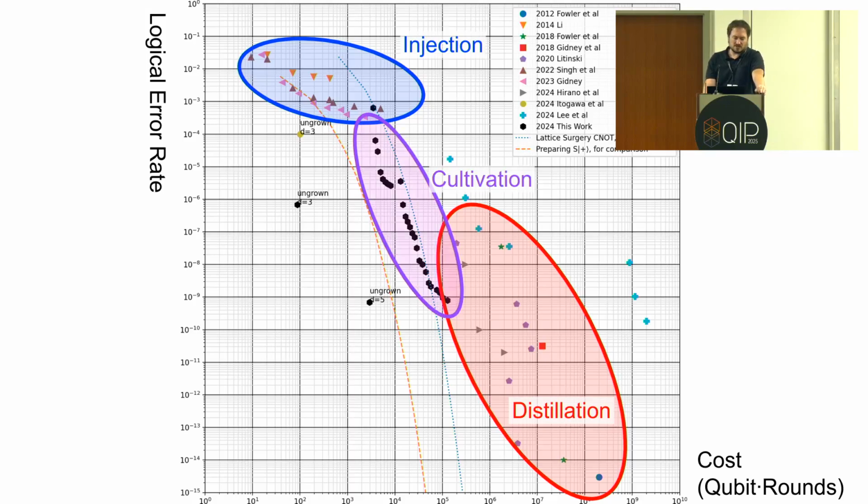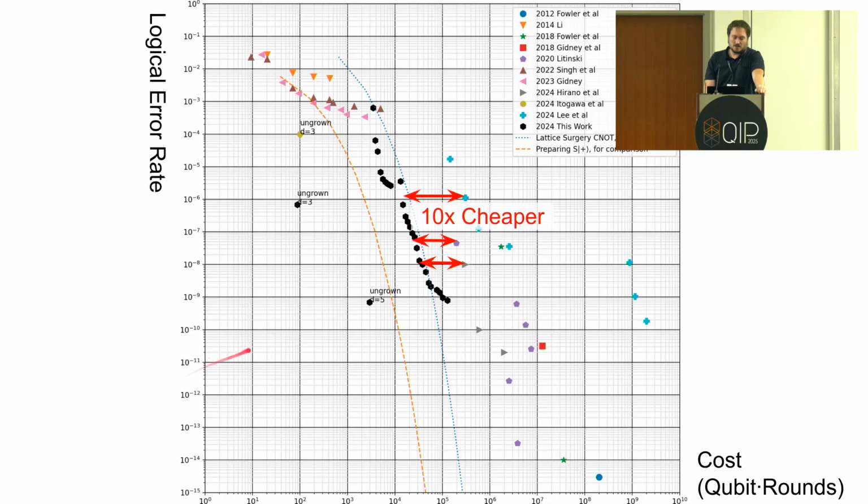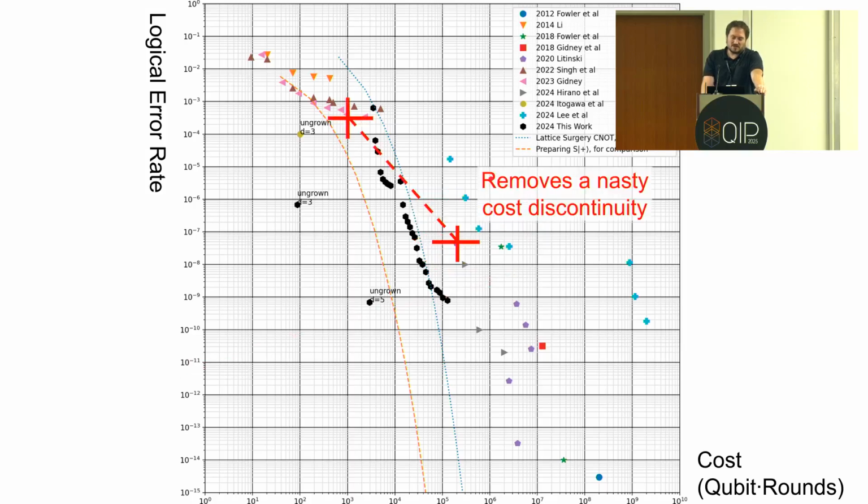So this gives you a sense that cultivation is cheaper than distillation, and in particular, for running near-ish term fault tolerance computations, running small scale stuff, this has removed a really nasty discontinuity. It used to be, if you wanted a T-state that was, say, 1e-4 good, there was nothing at 1e-4 except these points over here.